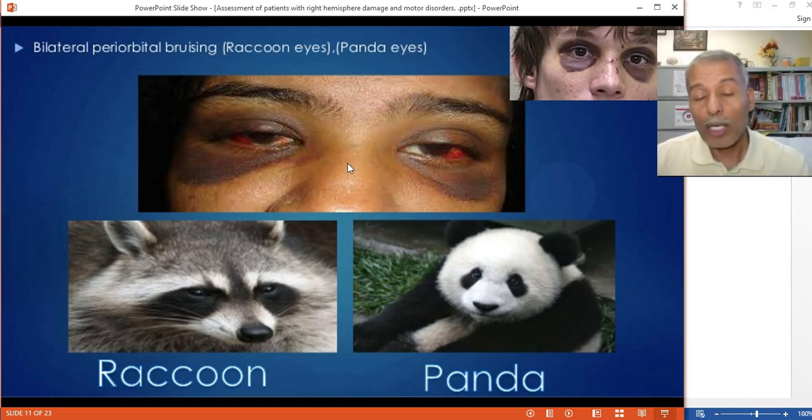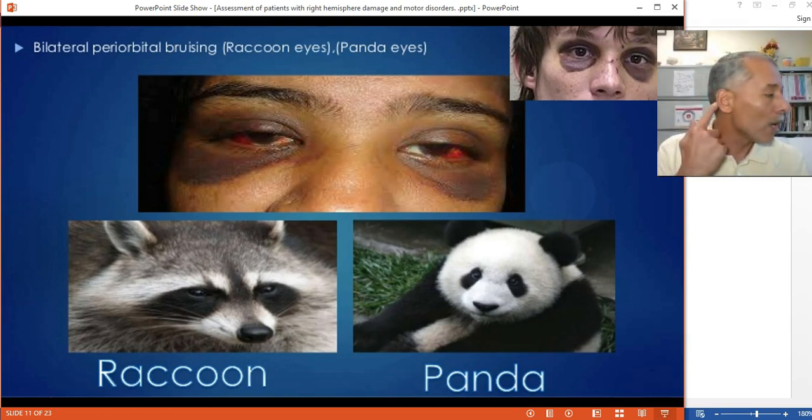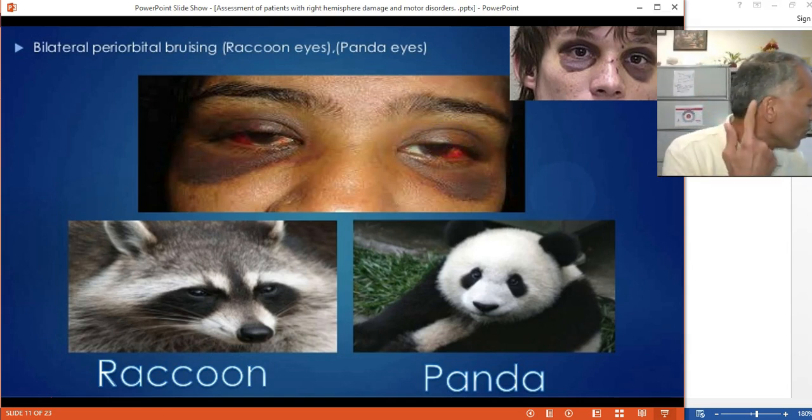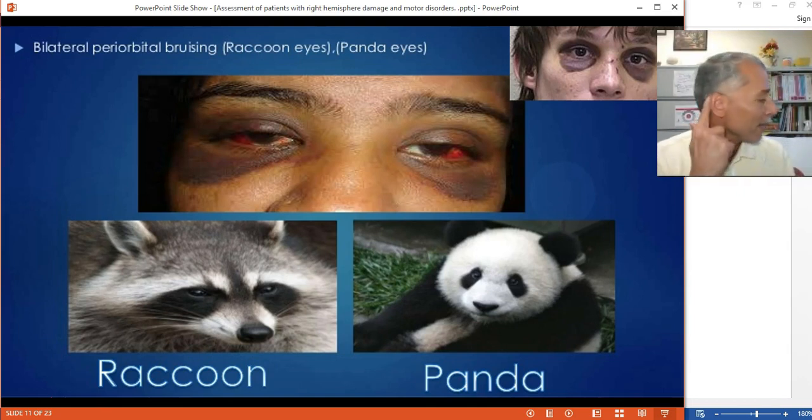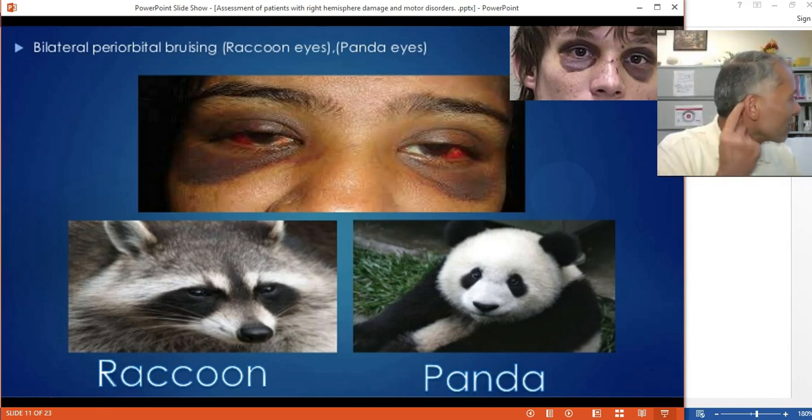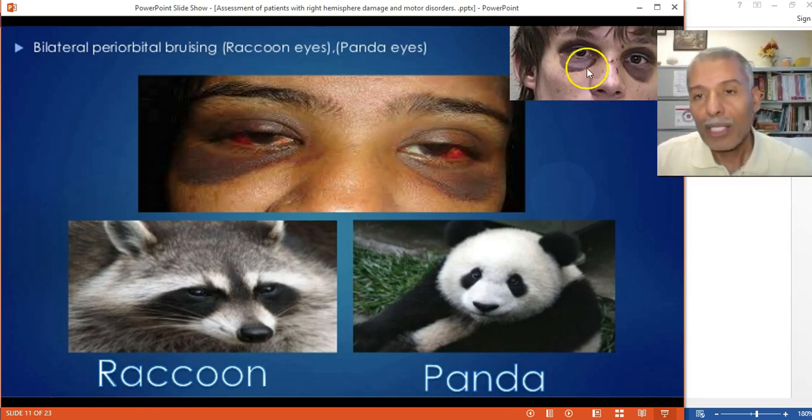There are several kinds of fractures, but this is one you are particularly going to notice. And there's also the Battle sign fracture, where behind the ear, in the mastoid bone, you are going to find this whole area discolored in dark, similar to the colors of the eye sockets here. That's called Battle sign. So you look for these signs in your patient.